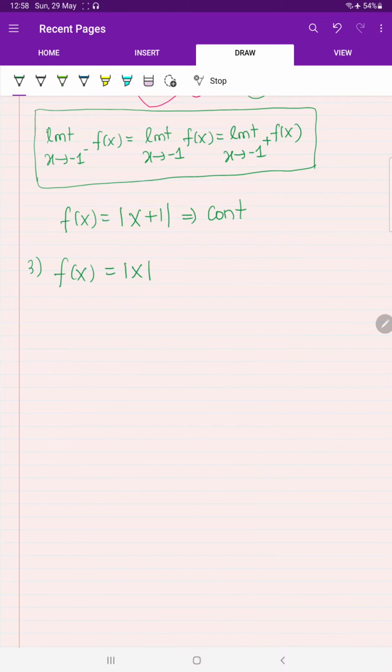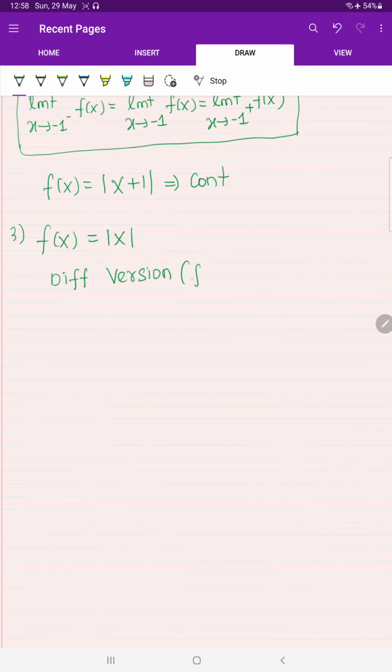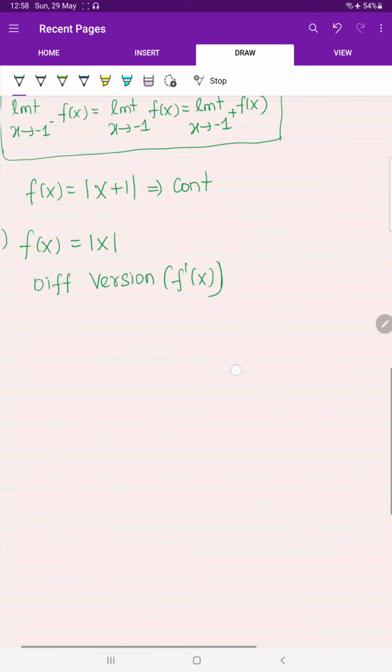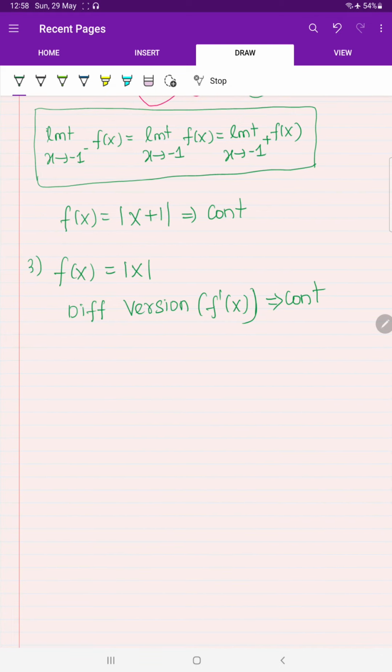Okay sir, this is given, but the question is about the differentiated version, that is f dash of x. You have to find the value of f dash of x. After finding f dash of x, they are asking whether f dash of x is continuous or not. How many of you know the differentiation of f of x, that is mod x?